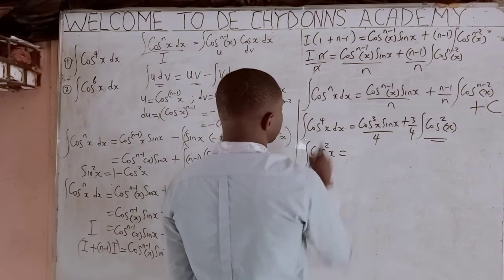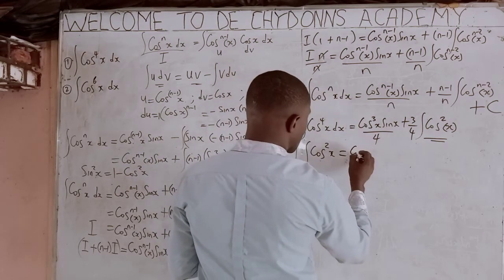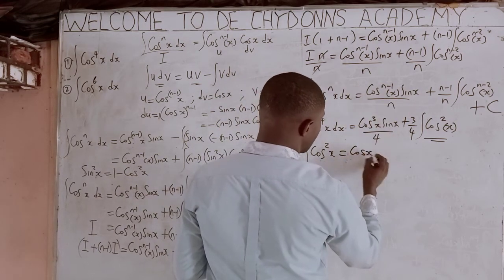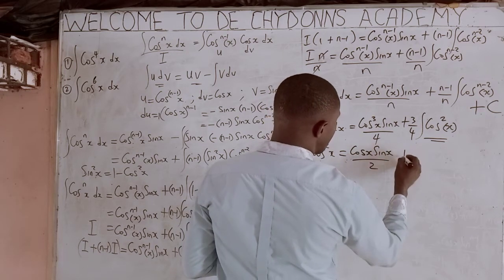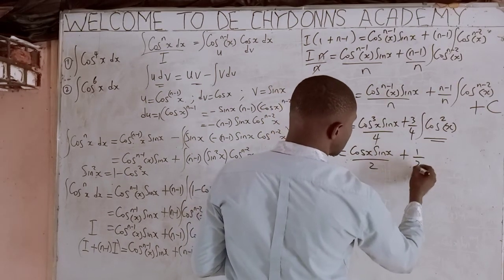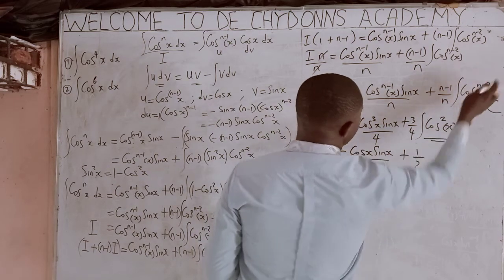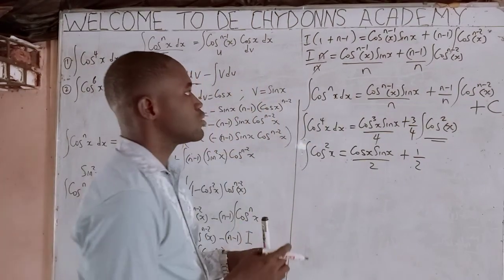Cos squared x, n is 2: cos^(2-1)x, that is cos x sin x, all over 2, plus (2 minus 1), 1, then 2 minus 2 is 0.